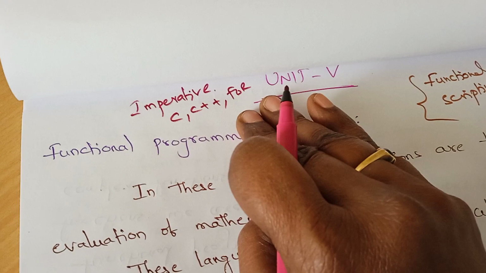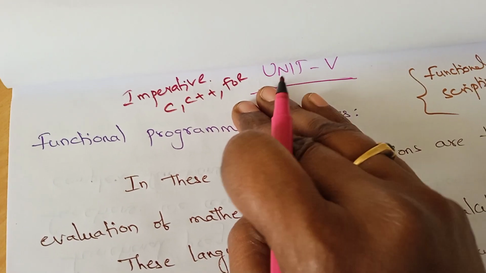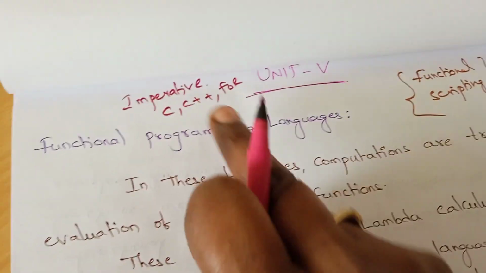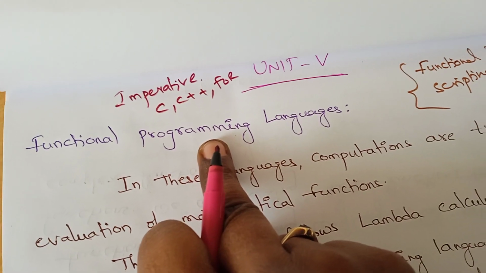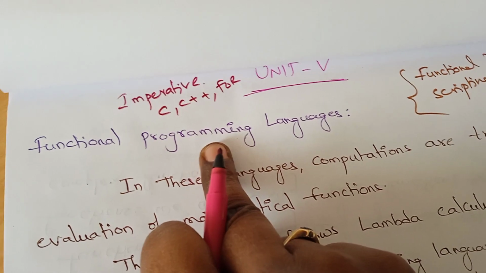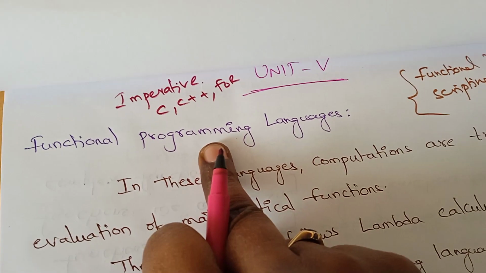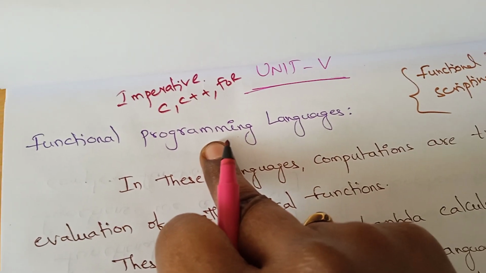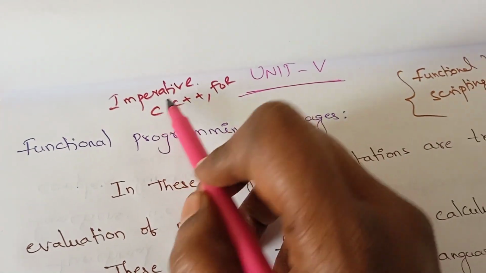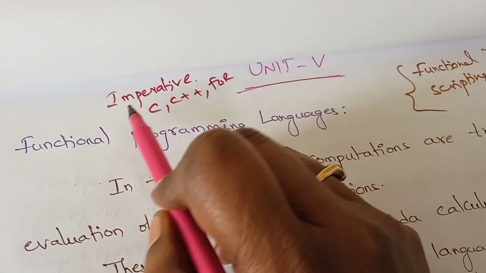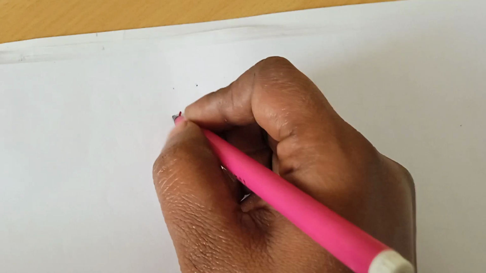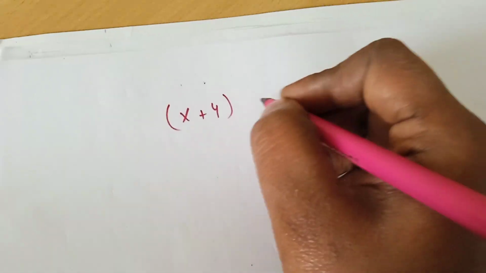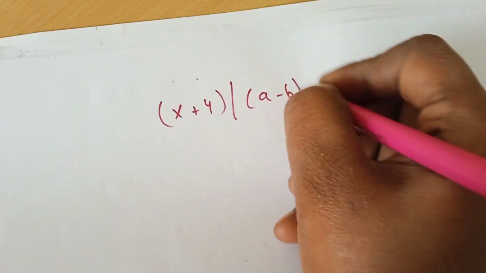Now, there are many differences between imperative languages and functional programming languages, but the major difference I wanted to tell you is this. When I want to evaluate some expression in an imperative programming language, let's see, I take an expression which is (x plus y) divided by (a minus b).